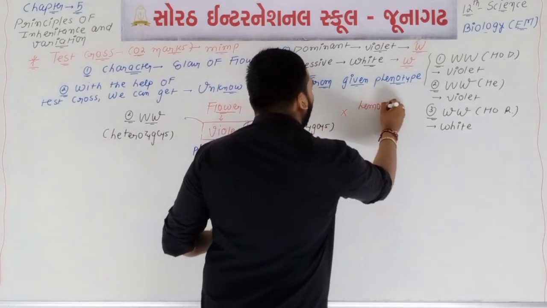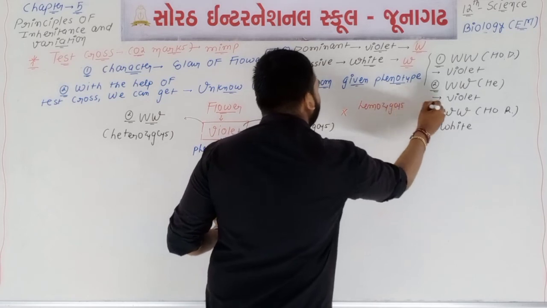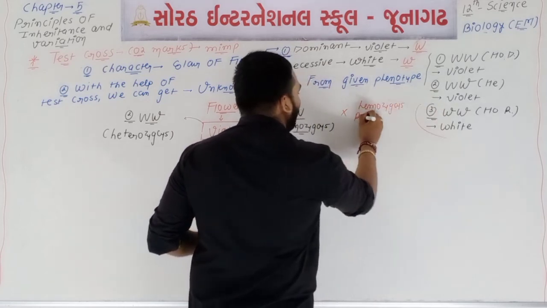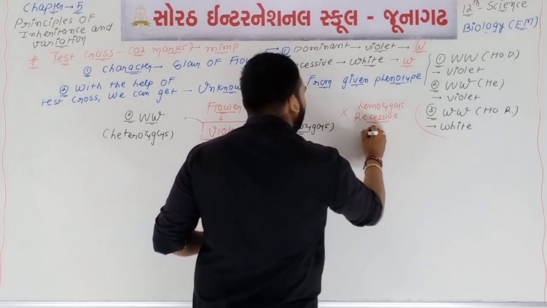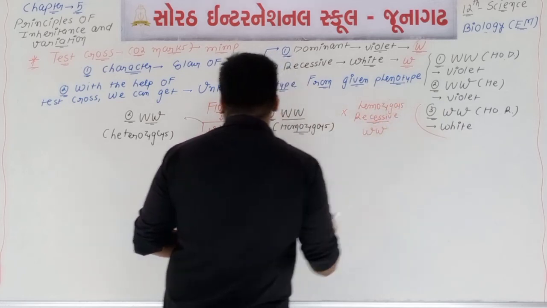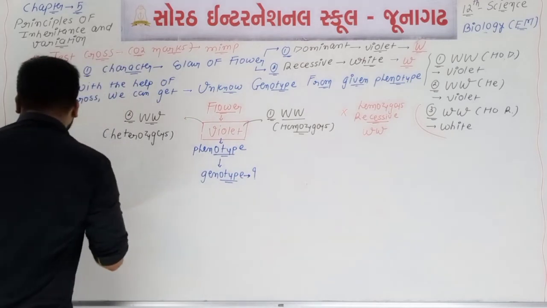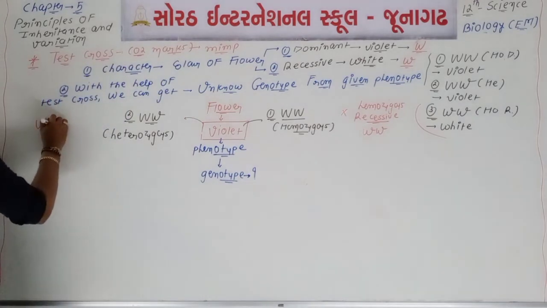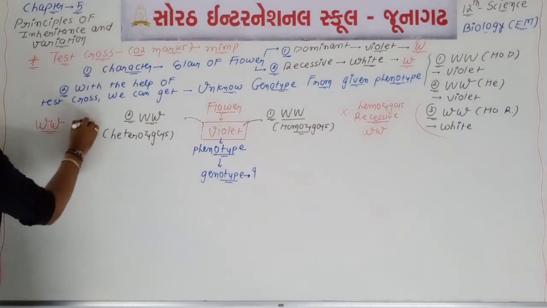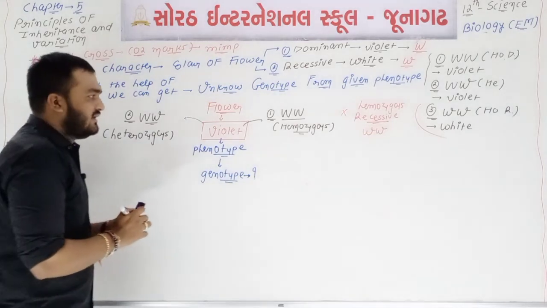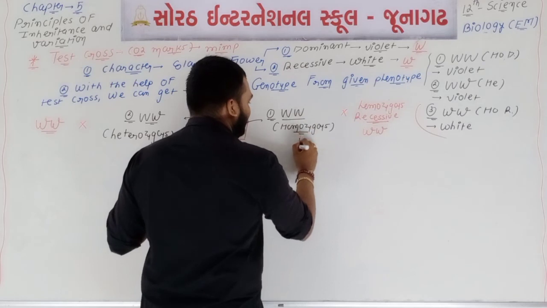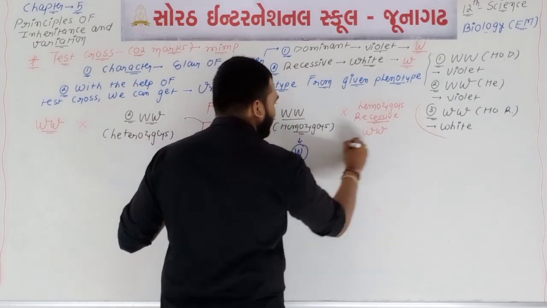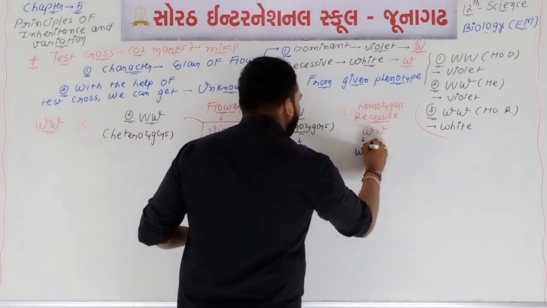homozygous recessive, which means small w. Here the cross is a must with homozygous recessive, small w. If we take this as the parent, then the gamete will be capital W, and here the gamete will be small w.